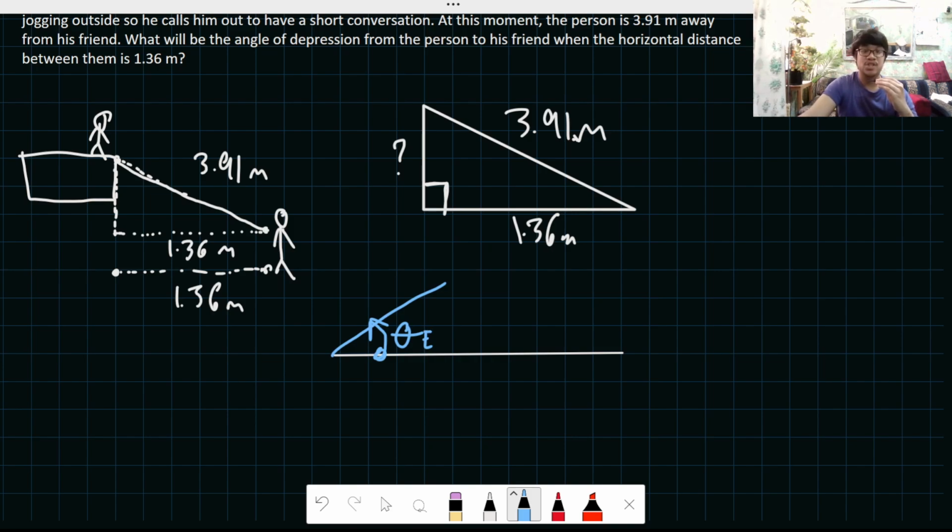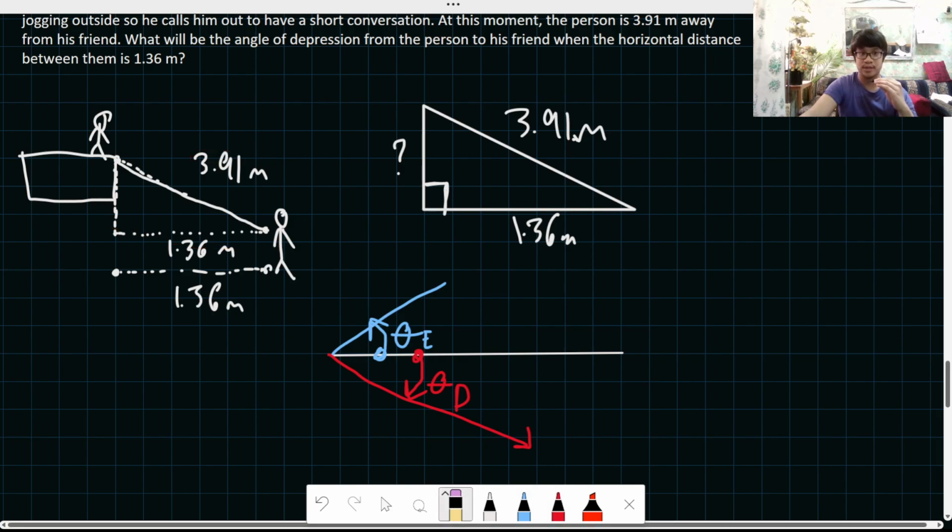But if it's below the horizontal line, like from this going there, so this is your angle of depression. Now, here's the problem. Where would you form angle of depression in this case? Where would you draw it?